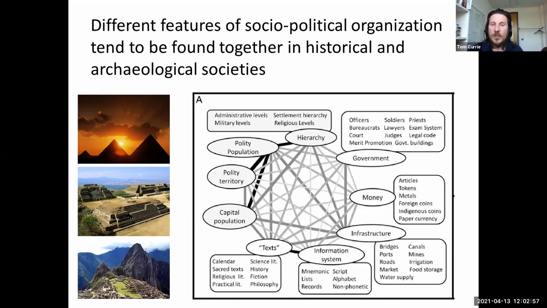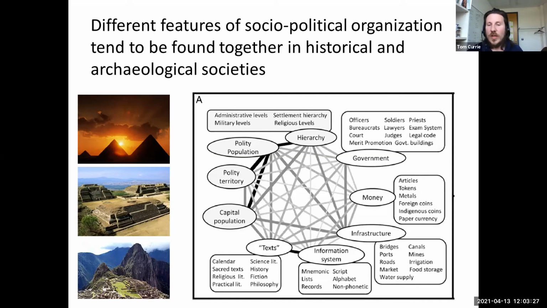And the take-home story of this study was that we found that basically all these different aspects of society are very, very tightly linked, and they seem to evolve together. So this spider's web diagram has lots of different lines, and each of those lines indicates some kind of statistically significant association between these potentially different elements of society.